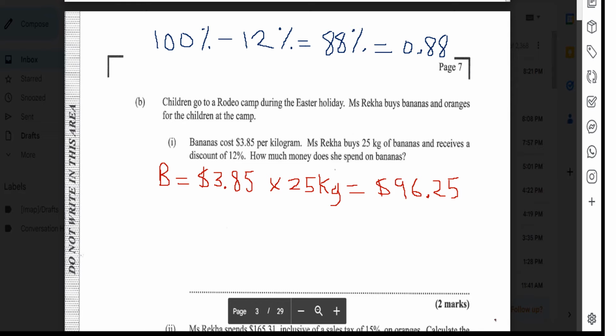So that 0.88 will be what we will multiply the 96.25 by, punching that into the calculator, gives us an answer of $84.70. 2 marks.